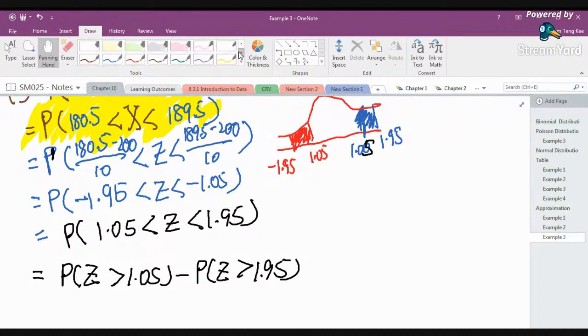And once again, let us revise how I get these regions. The region is obtained by considering the region I highlighted in green, all the way from 1.05 until infinity, minus the region in purple behind here, which is from 1.95 until infinity.